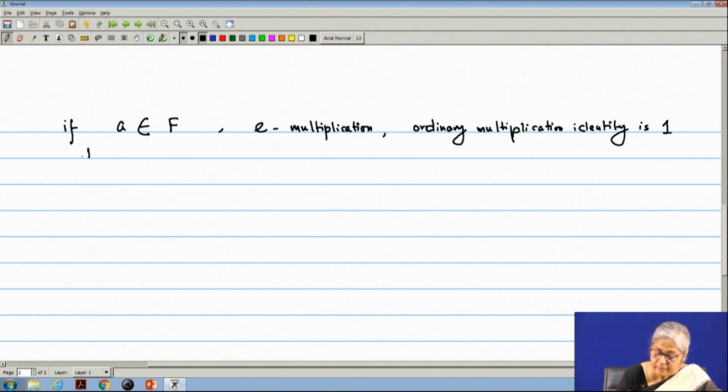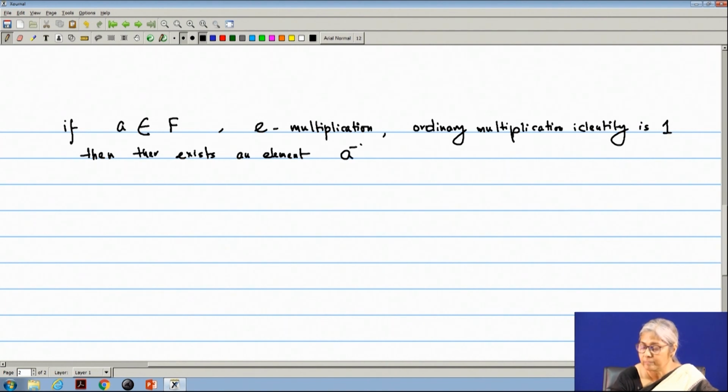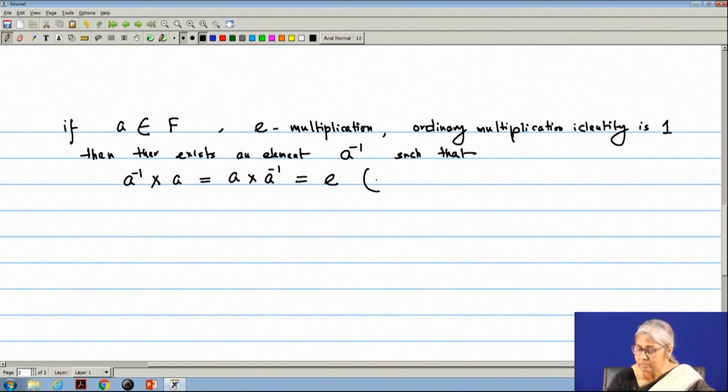Then there must exist an element A inverse such that A times A inverse equals the multiplicative identity E, which is 1 for ordinary multiplication.